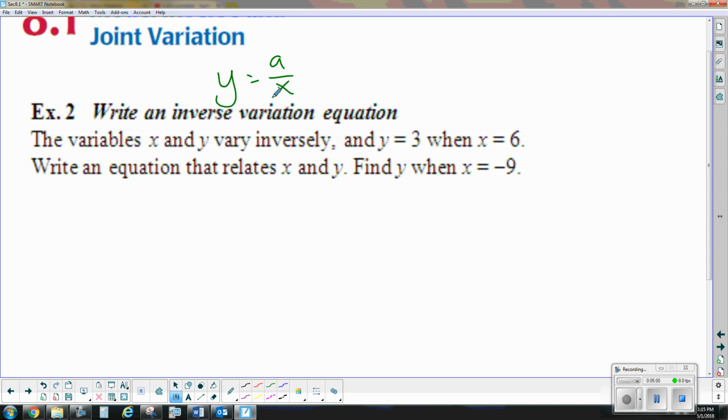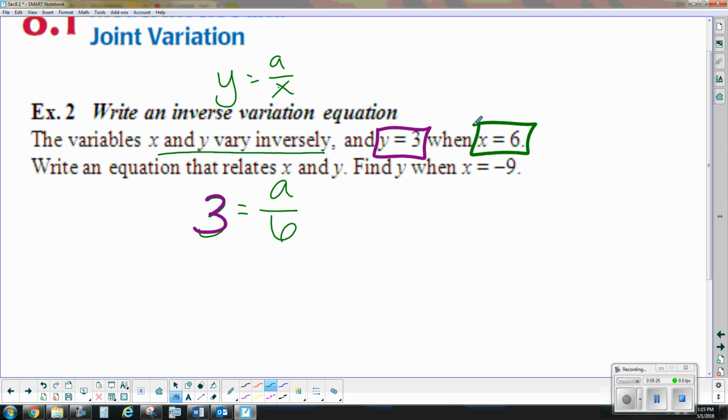So if the variables x and y vary inversely and y equals 3, so 3 equals some constant over our x, which is 6. So y equals 3, x equals 6.